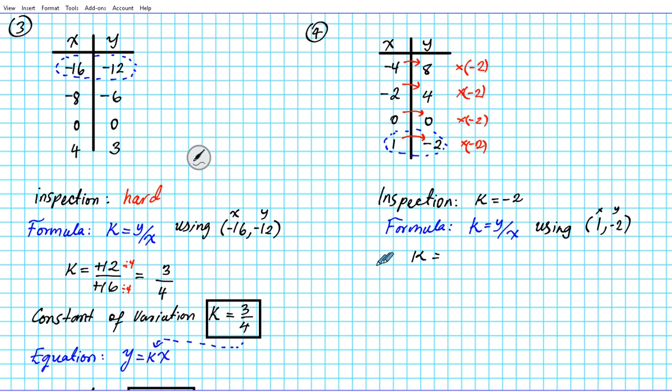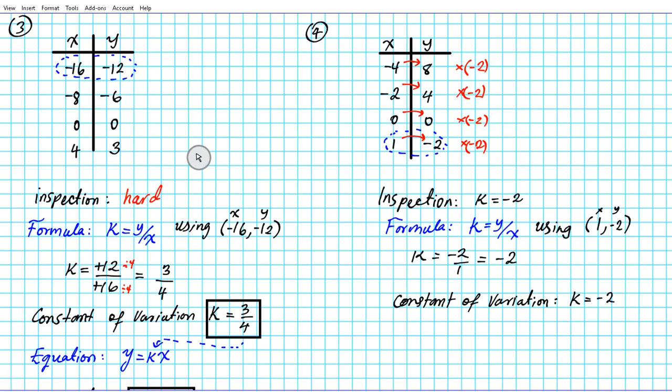So y is -2 over x. -2 over 1 is just -2, and that agrees with our previous answer. So the constant of variation is given by k, which is -2. There you have it.